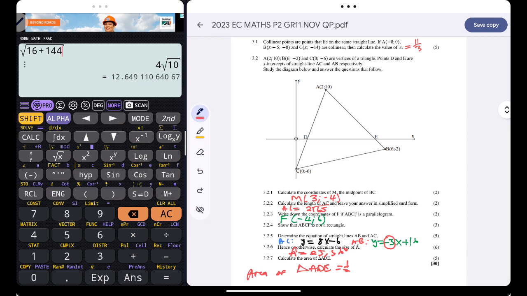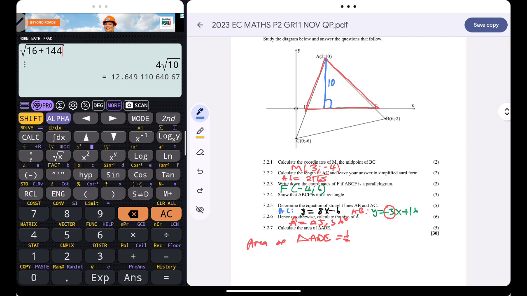For me to use the height, that height has to be perpendicular to my base, right? So since I'm concerned with this triangle here, my height will be this one, the vertical height from this point to this point. And I know that the vertical height is just 10 units. I just need to find my base now.